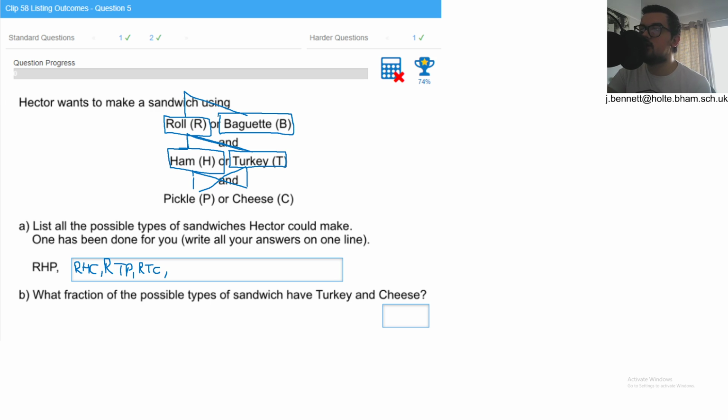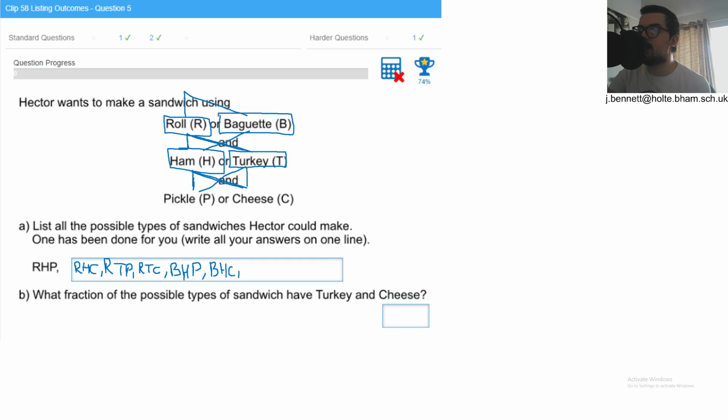So now we have baguettes, and we can have baguette ham, and then we go down: baguette ham pickle, or baguette ham cheese. And again, we do the same thing.